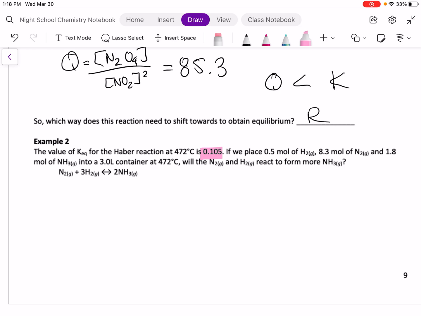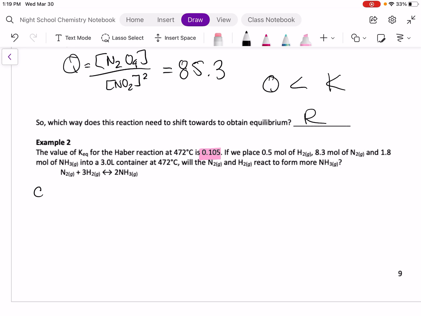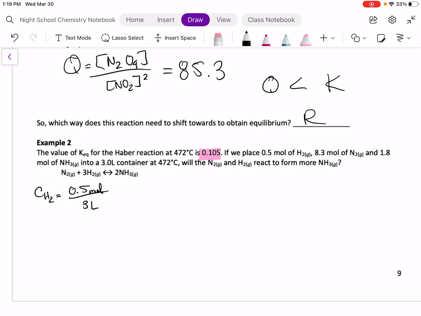So this question is different than our equilibrium questions because it's asking us, will our reaction go towards the right or go towards the left now with this amount? So it's different. I, number 1, have to find my concentration of everything by taking the mole amount given to me and dividing it by the liters.